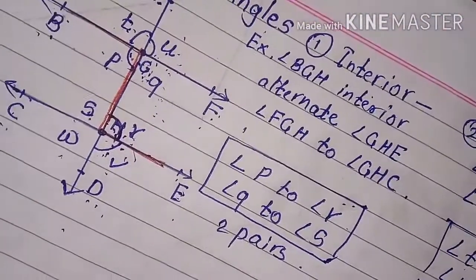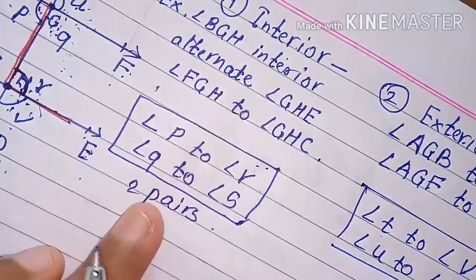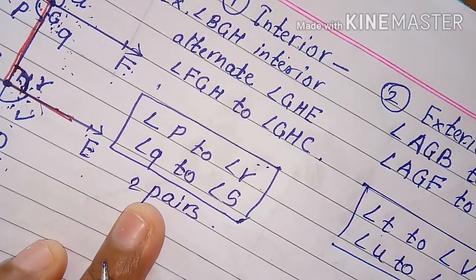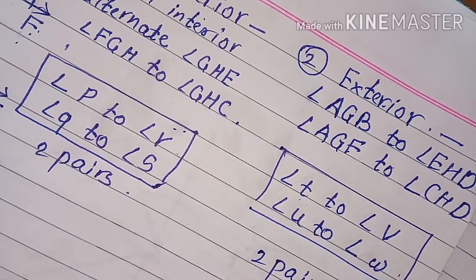So there are actually four pairs of alternate angles: two from interior alternate angles and two from exterior alternate angles, like this.